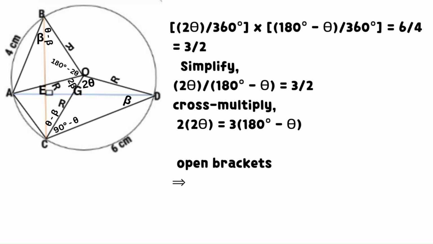Simplify to have the equation shown on the screen. Then, cross-multiply: 2 times 2 times theta equals 3 times (180 degrees minus theta). Open brackets.